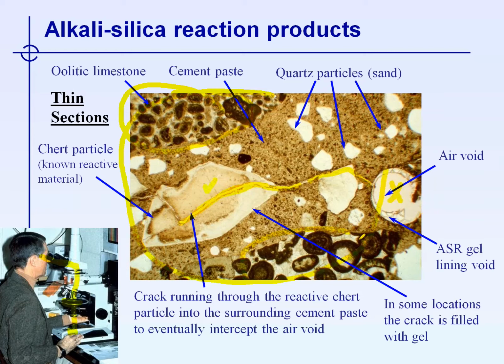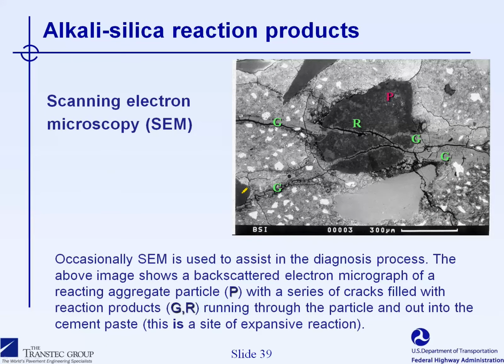The alkali silica gel is going to be found also in the air void of the cement paste. So the use of thin section evaluation like that can be a very powerful tool to identify the site of expansive reaction, such as this reactive sand particle in the concrete.